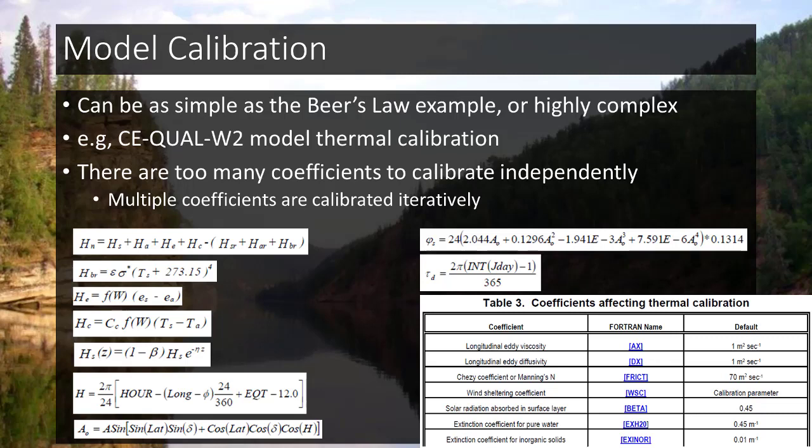But as I mentioned, there's lots of black box models out there where you don't really understand how you're even affecting the equations by changing these coefficients. So I've used this as an example of one that's well documented, but always be careful if you are doing some sort of model that you really understand what this parameter means, how it affects other parts of your model, and it's not just a trial and error thing, which can be a big problem if people don't understand these coefficients.